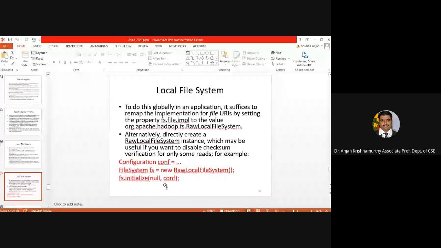You can see that the file systems are obtained from this particular package, org.apache.hadoop.fs.RawLocalFileSystem. So this is the file system that is used for doing this, right?